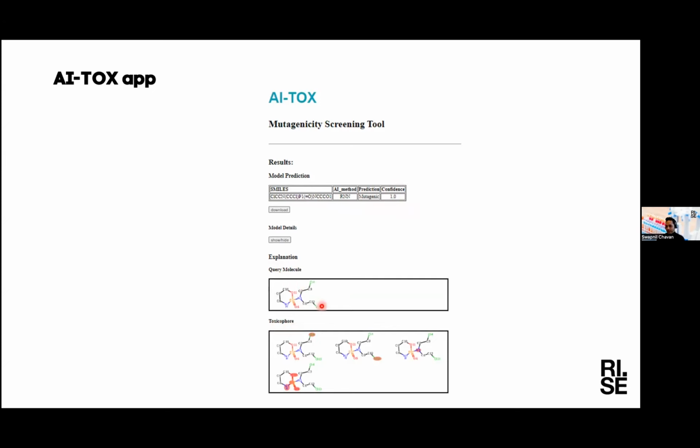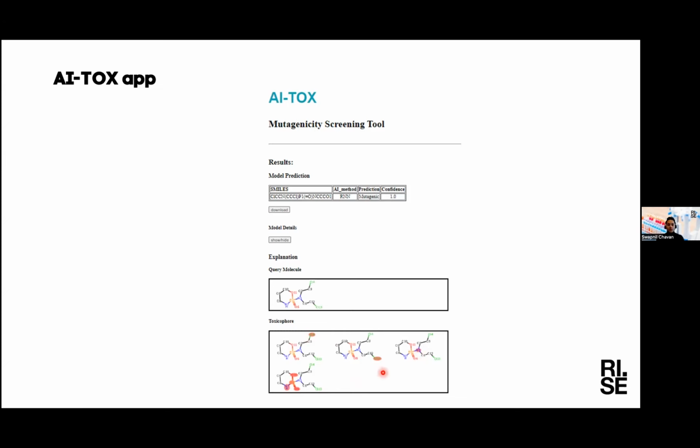For the given cyclophosphamide, it's an alkylating agent where a phosphoric mustard plays a big role. And our explanation has highlighted that these functional groups were very important while labeling this compound as mutagenic. Another important substructure was this nitrogen mustard, the nitrogen with the two halides.